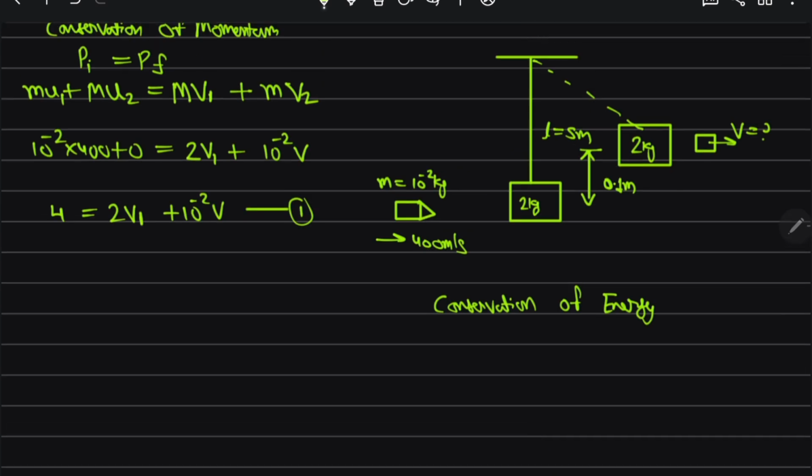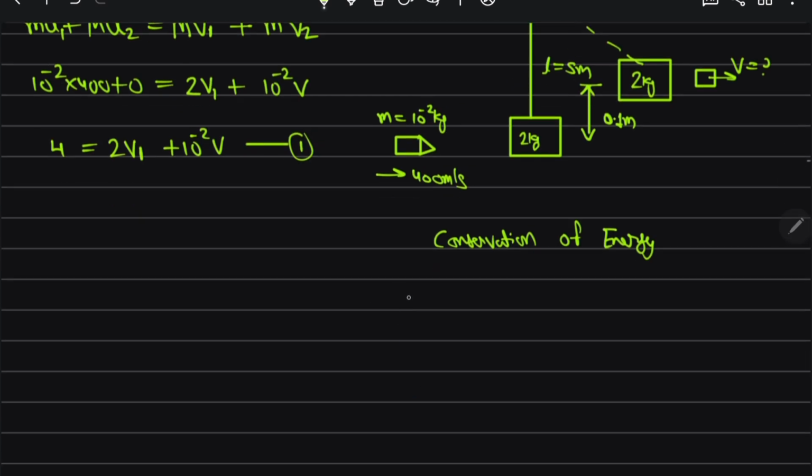This block moves to a height. So loss in kinetic energy is equal to gain in potential energy. Half m v1 square is equal to mgh.